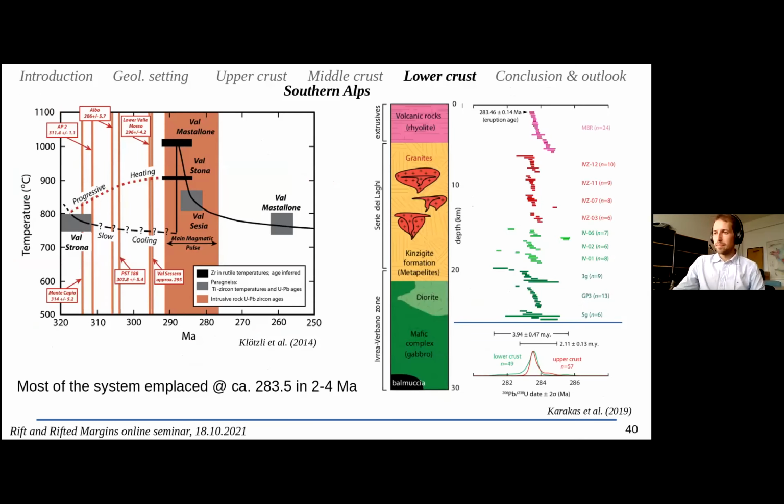And then this leads me to the way magmatic intrusions are constructed in these systems, where most of the melt is placed in a quite narrow time span. In fact, recent ages by Caracas dated the emplacement at 383 million years in only 2 to 4 million years for the bulk magmatic system.